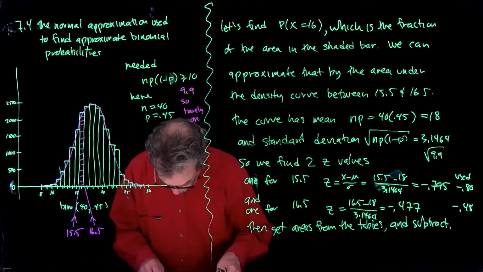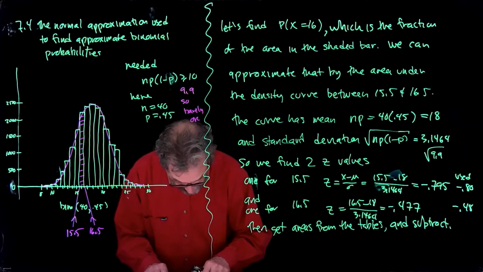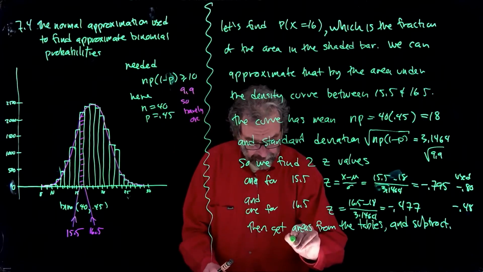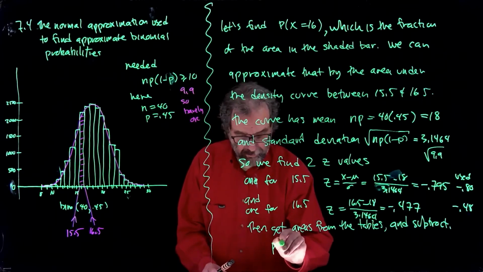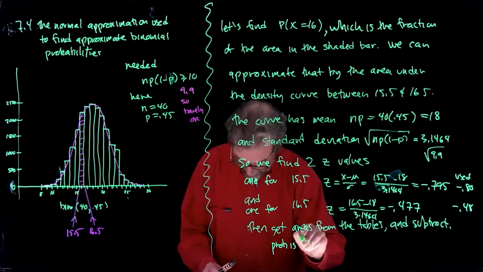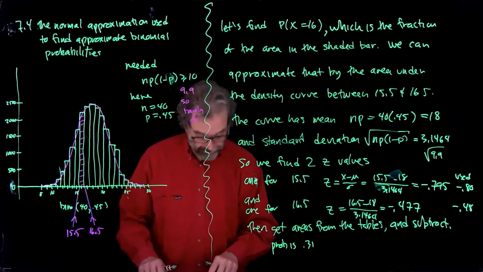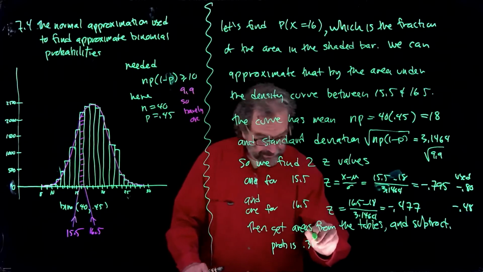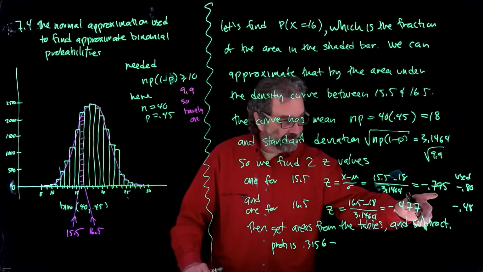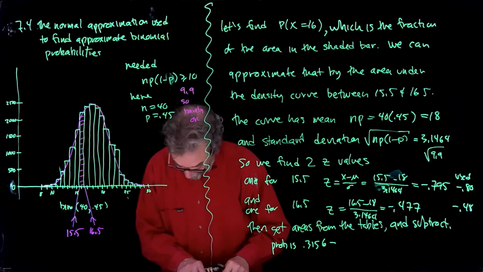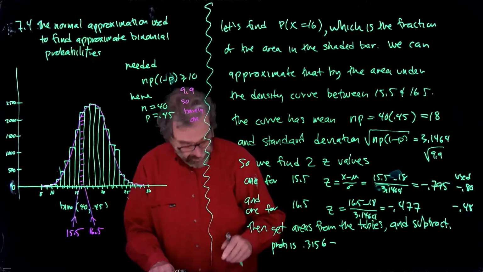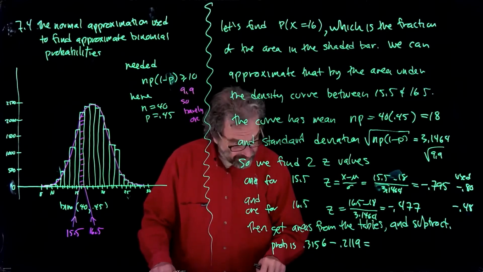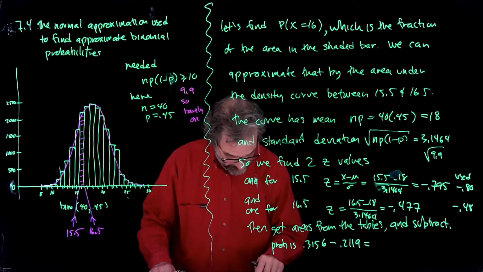Negative 0.48 gives me 0.3156. And then negative 0.80 gives me 0.2119. So 0.3156 minus 0.2119.